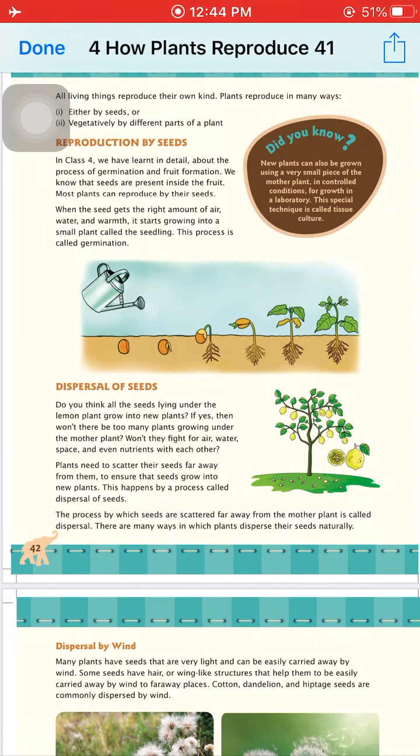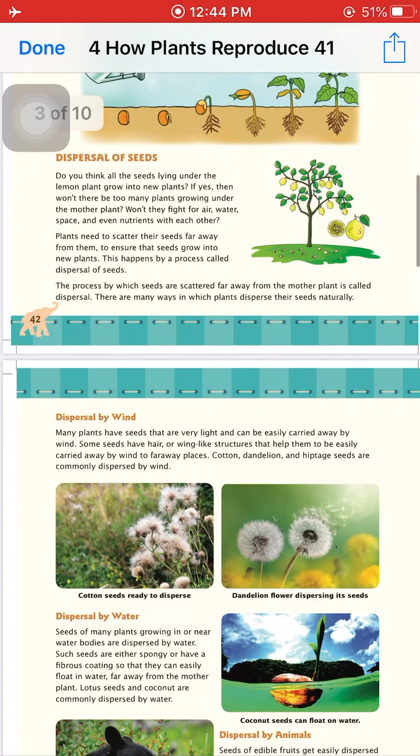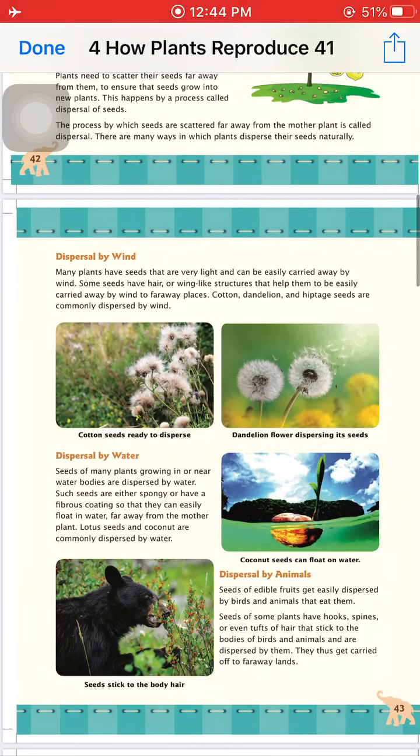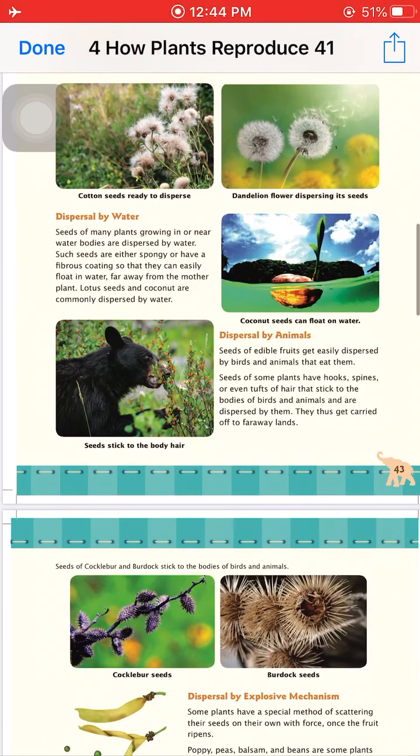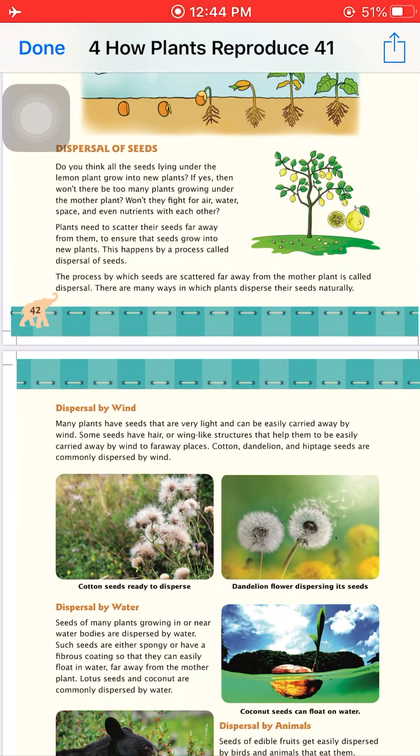So here we discuss some different methods used in dispersal of seeds. The dispersal of seeds is done by wind, water, animals, or explosive mechanism.